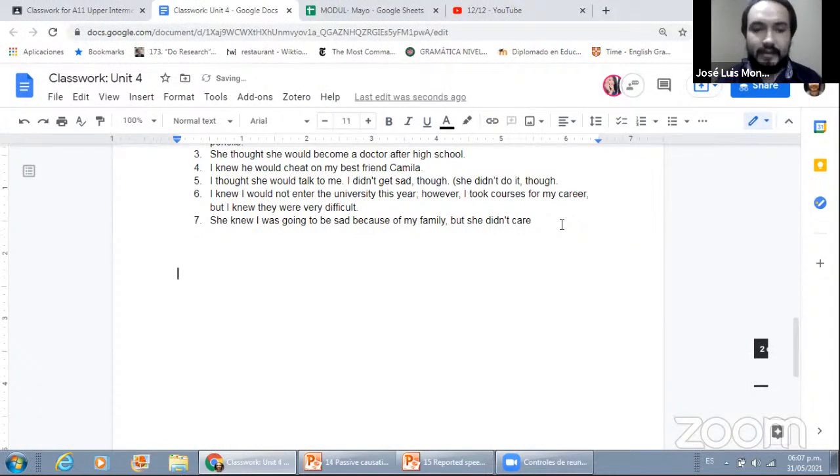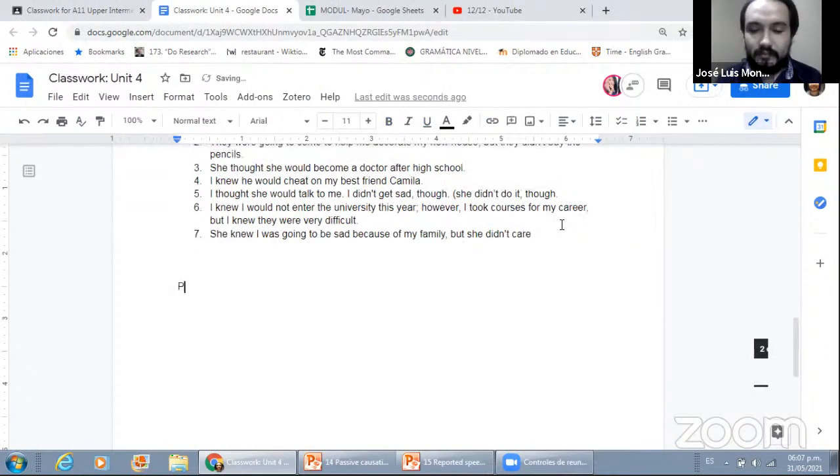All right. The first example, this is the passive causative, right? In the passive causative, if you have one sentence and it's active, it can be this sentence. Then you have one more.